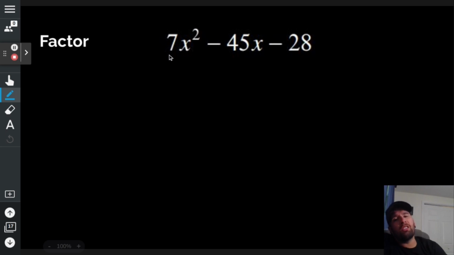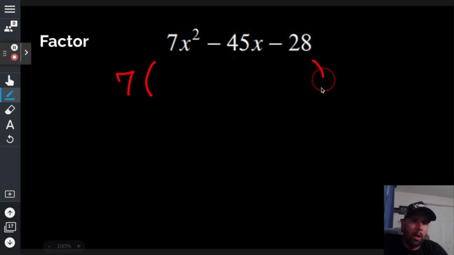Because I see a 7, I see a 45, and I see a 28. All of those are divisible by 7, which means I can factor out a 7, and that's what I'm going to do. When you factor out a number, you divide that number from all of these numbers, but leave the x's alone. Now, if I were to bring out an x, that's a different story, but that's not what I have.